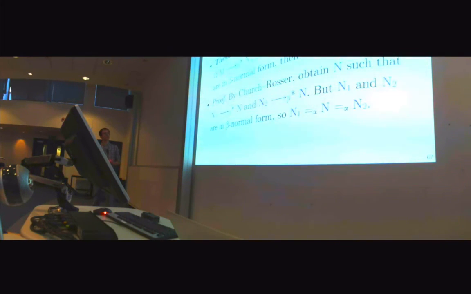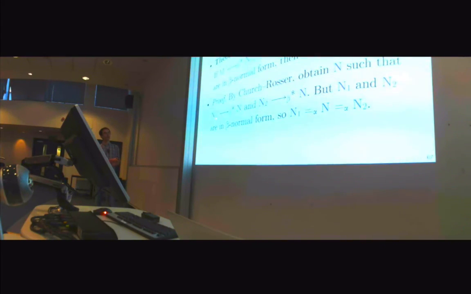So by the Church-Rosser theorem, which said that if we separated, we can always meet again later, suppose we started at m, we went down to n1, and then we separated, we also went down to n2. By Church-Rosser, we know that we will be able to meet again later on. That's what Church-Rosser says.